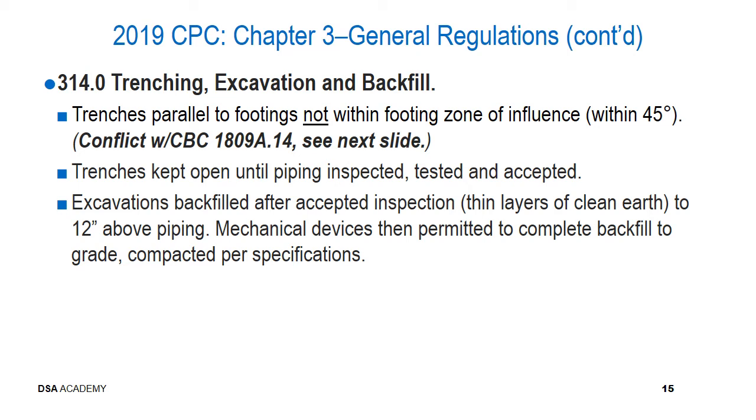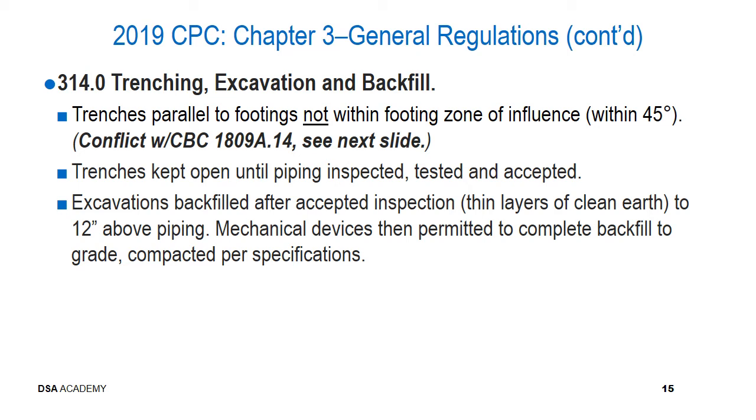Excavations backfilled after the accepted inspection, which is thin layers of clean earth to 12 inches above the piping, is required. And of course the reason for this is we want to make sure that every nook and cranny is bearing on the pipe outside surface, and that there are no voids and that there are no deleterious materials that may impact point loads on the piping.